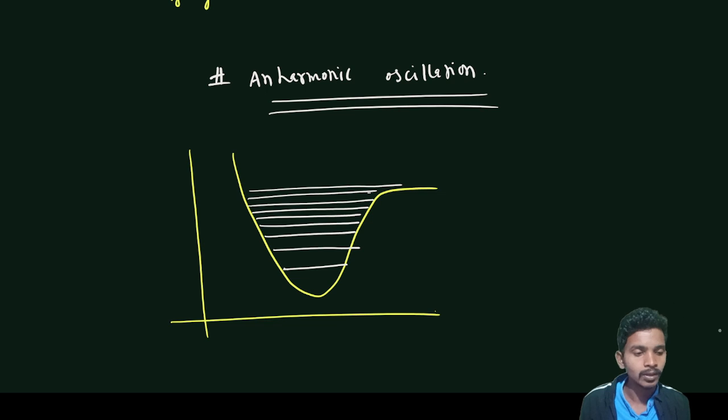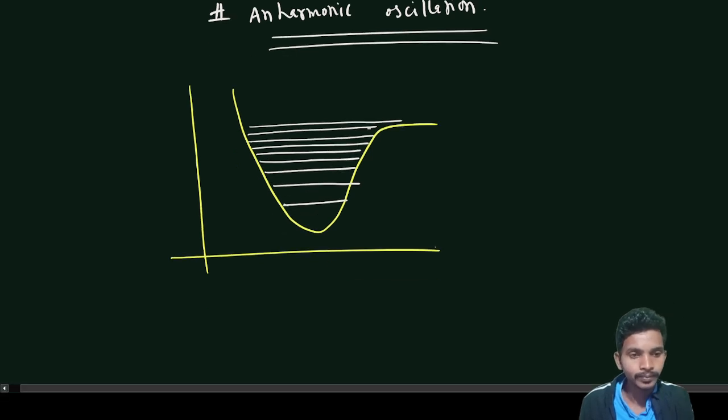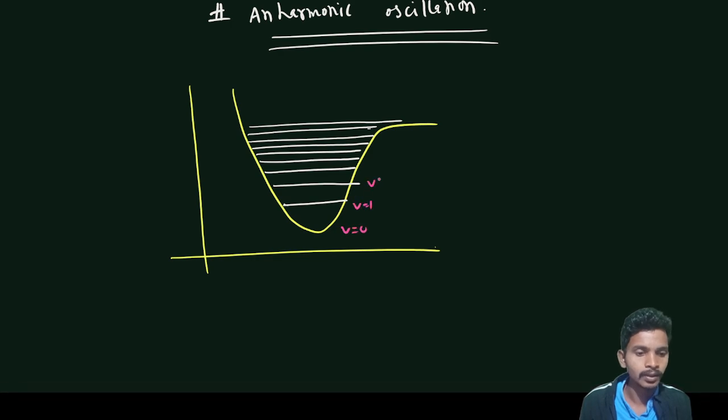Let's say this is v equal to 0 and this is v equal to 1, this is v equal to 2, this is v equal to 3. Then the transition from v0 to v1 happens, and what will be the selection rules for anharmonic?